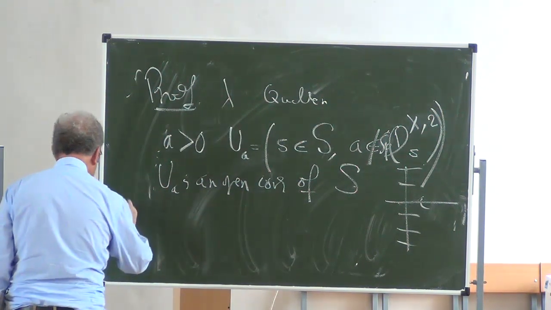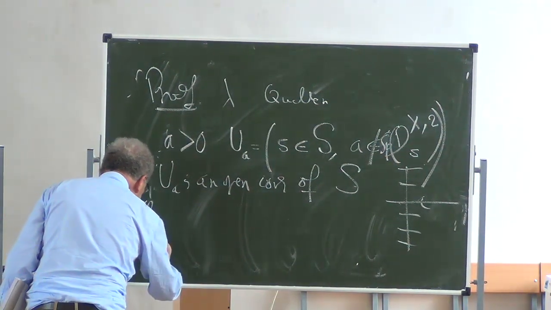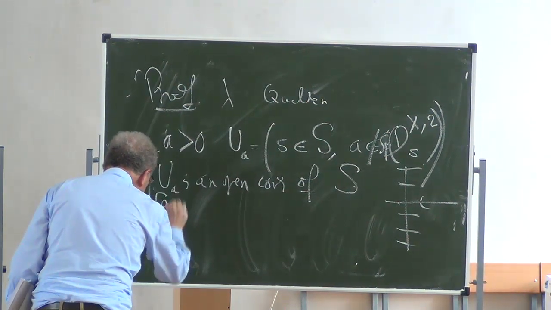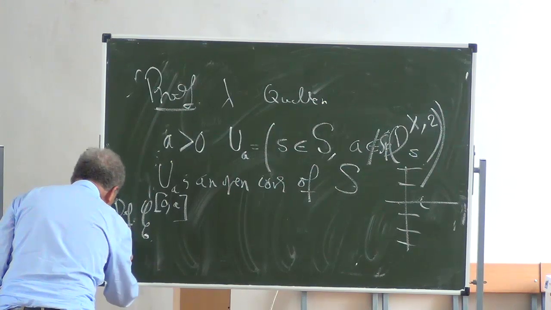So let me define the following space E0A for s in UA.